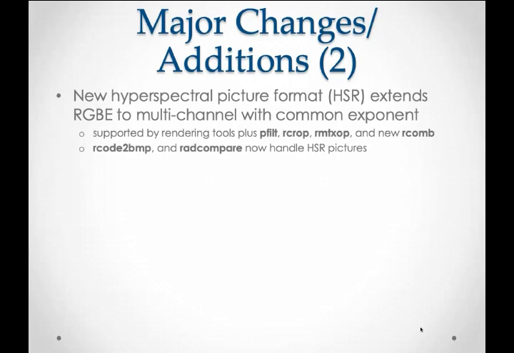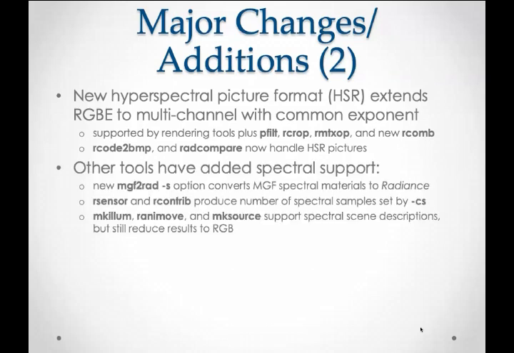This is supported by the rendering tools and also pfilt, so you can use pfilt to filter and so on. Our crop to crop, our matrix ops, and the new RCOM tool, which I'll discuss. It's also supported by the RCode to BMP and RadCompare tools, which will ingest and compare.